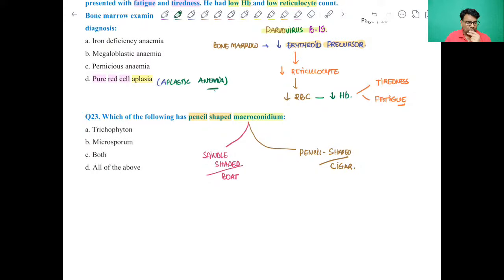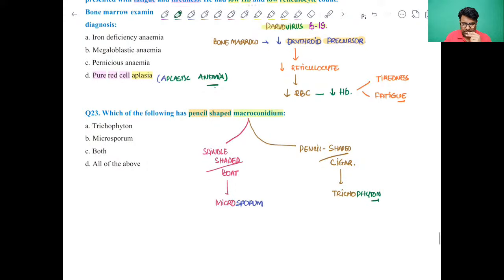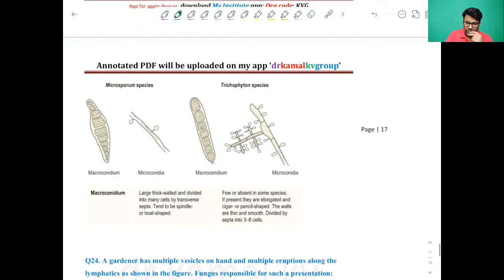Yes, absolutely right, Dr. Dia, Dr. Kanaya. So this is for Microsporum, clear? And yes, this is for trichophyton. All of you are absolutely right. So here we can see the appearance.